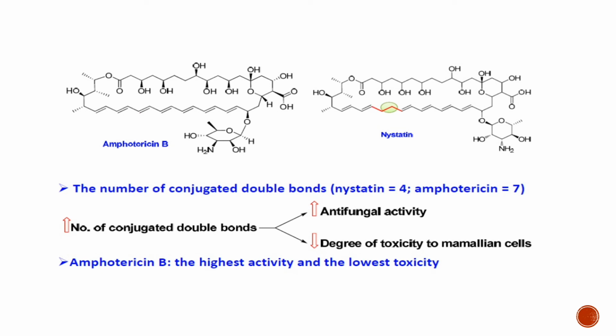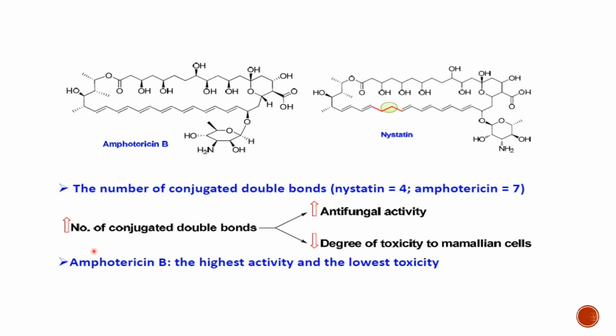Another example of a polyene antifungal is Nystatin. Nystatin has almost the same structure as Amphotericin B but differs in the pharmacophore in the lipophilic region of conjugated bonds. Nystatin only has four conjugated double bonds while Amphotericin B has seven.